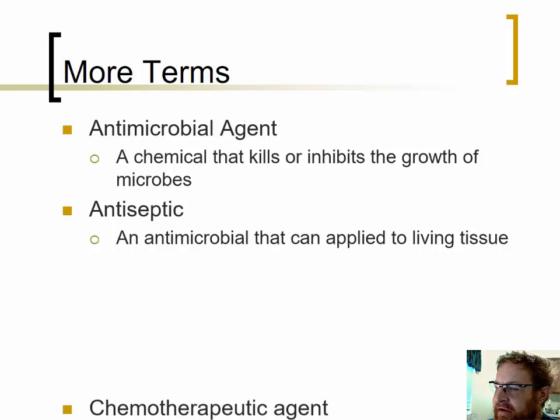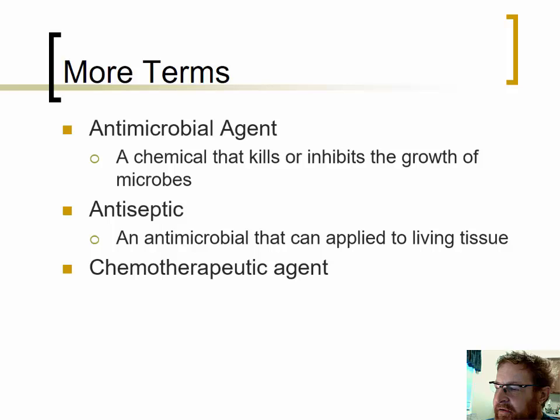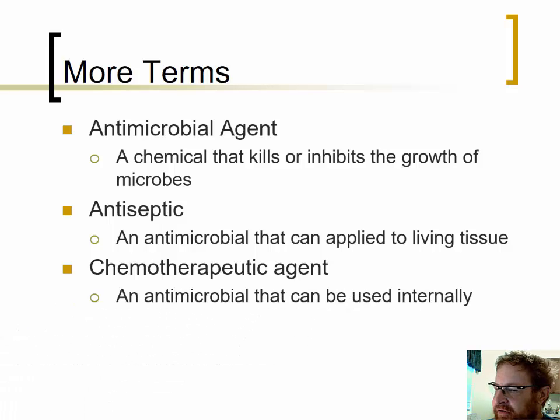An antiseptic is an antimicrobial that we can apply to living tissues. So something like alcohol, which is very good at killing bacteria, we can still use on our skin.